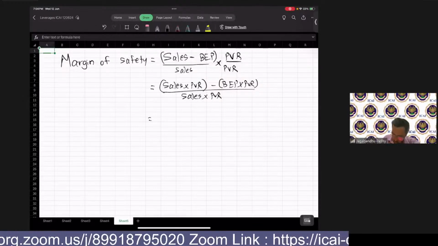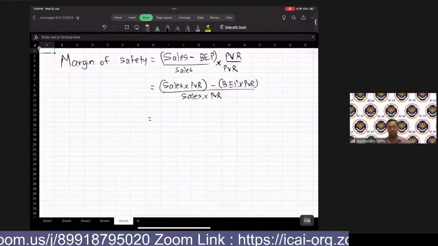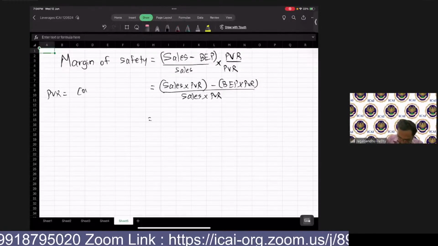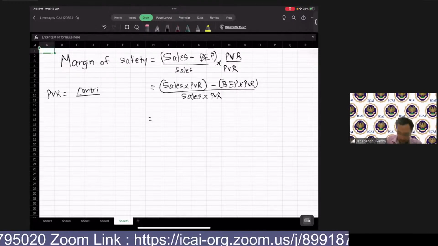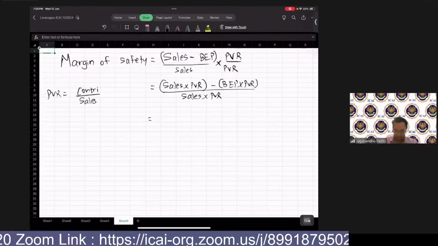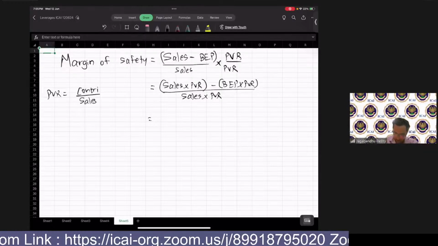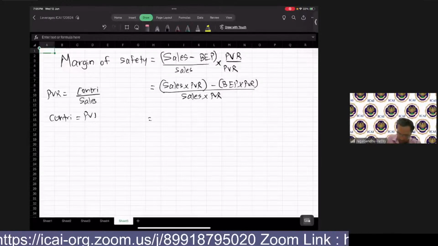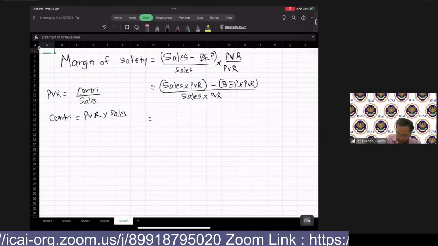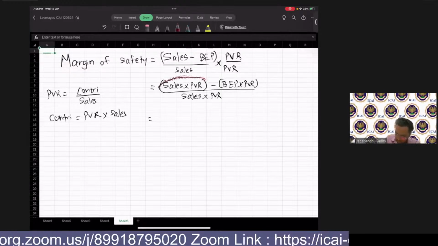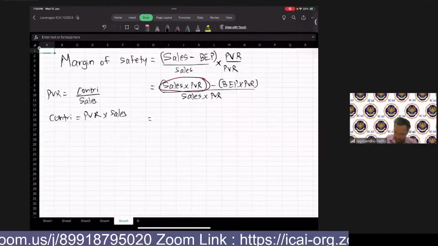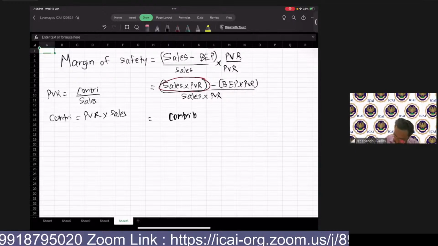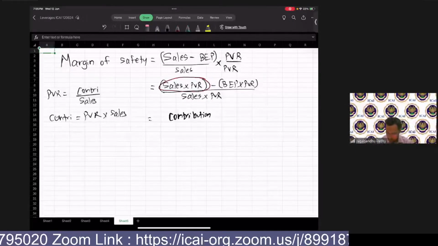PV ratio is simply contribution upon sale. So you can simply say contribution is nothing but PV ratio into sales. So this sales into PV ratio, we can say, is contribution.